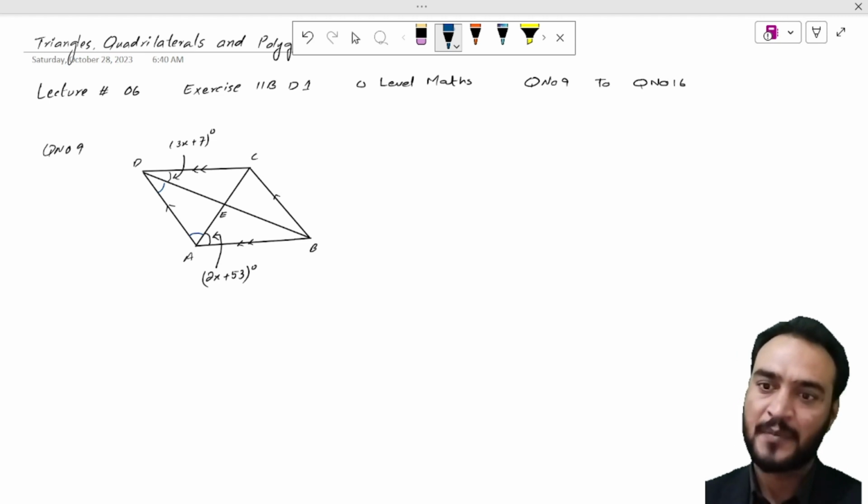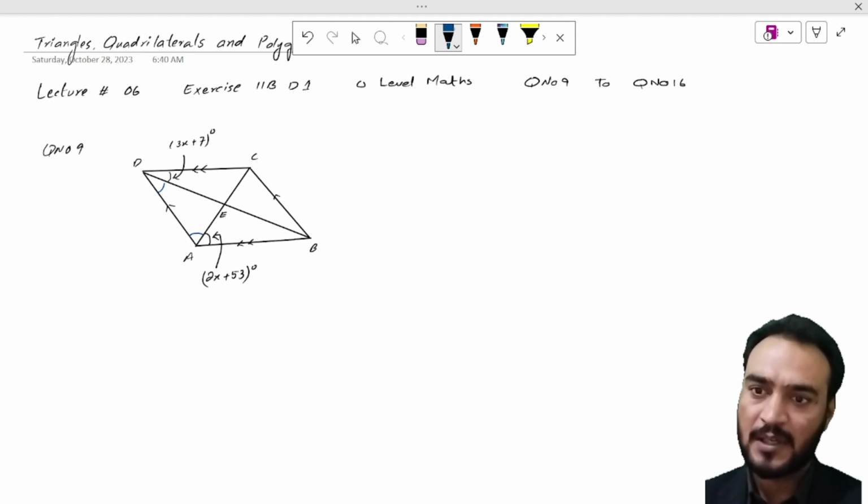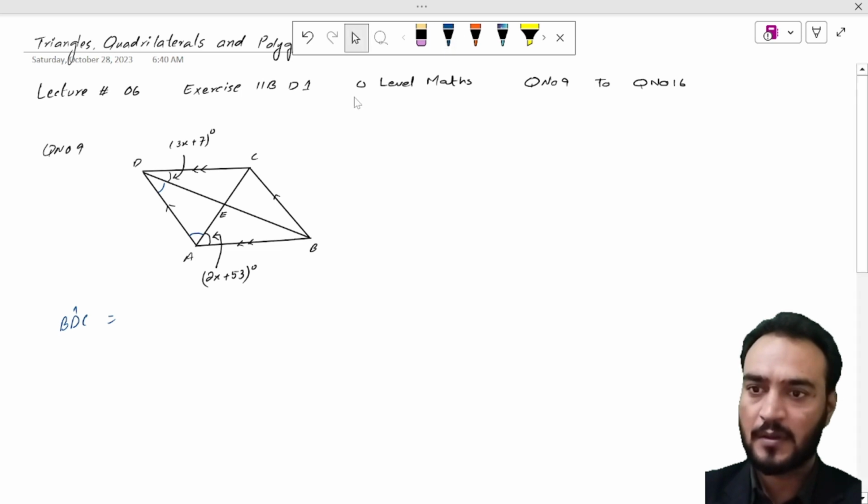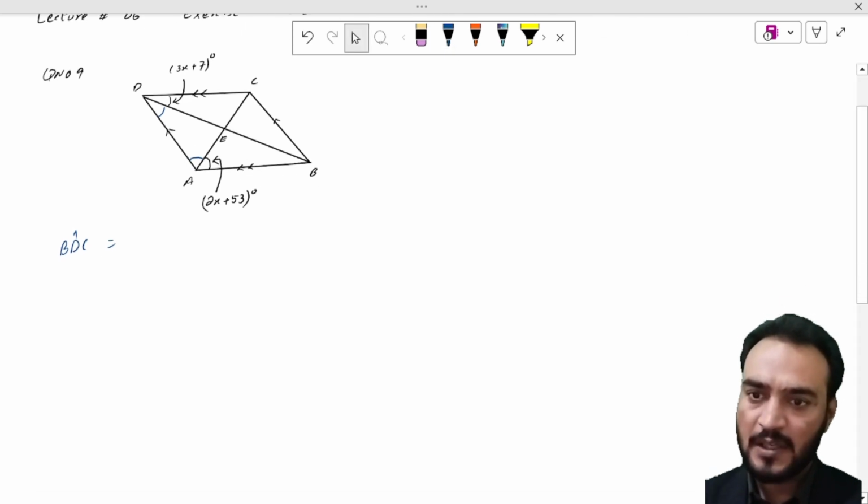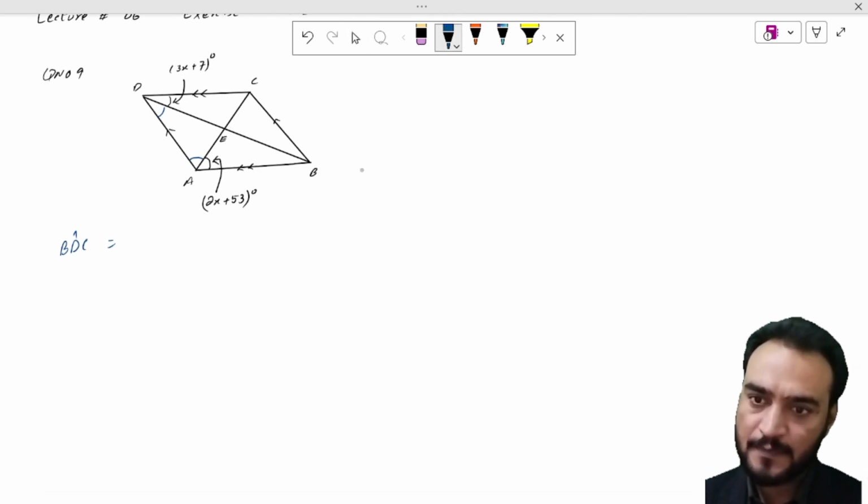Let us write it here, that the angle BDC is equal to 3x plus 7 degrees.